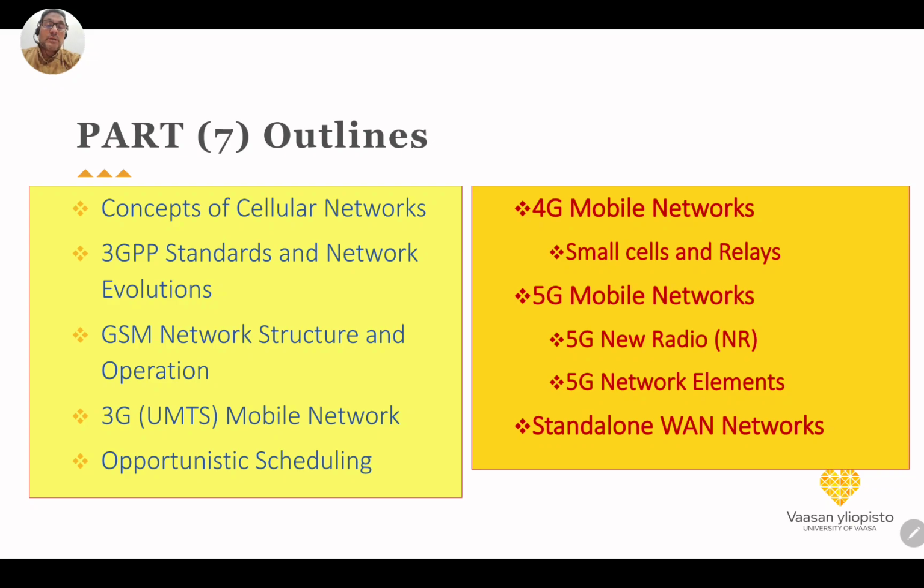We will also mention small cells and relays, and we review the fifth generation of mobile networks, the need for this new generation, the new radio in the fifth generation, and also the network elements. And finally, we will give some of the standalone wide area network standards or technologies.